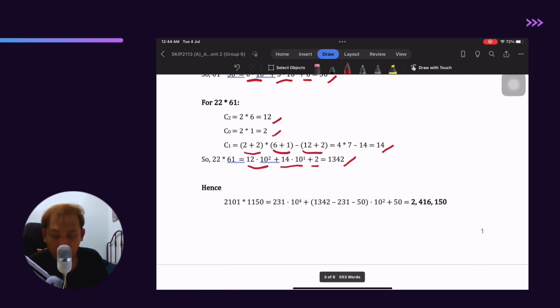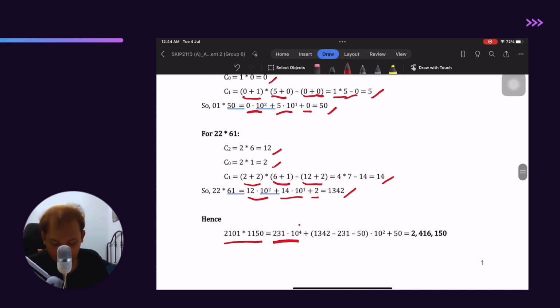So for the final step, 2101 times 1150, we get 231 times 10 exponent 4. This is because the displacement of the digit here is 4.